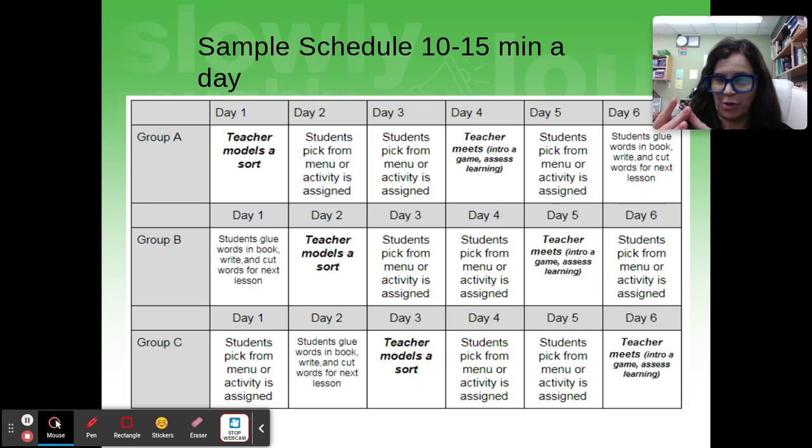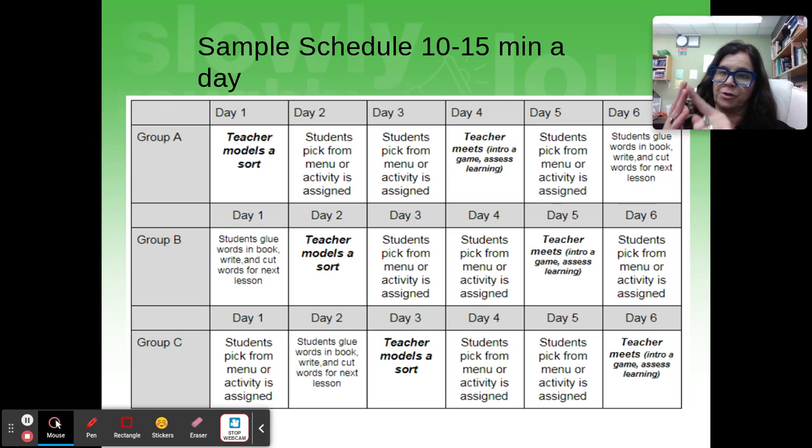Group C would be doing their written sort. Group B would be doing their manual sort, and maybe Group A is now playing a game or going out into the world to find actual words that follow the study patterns that they have. If you have a group E, then day 5 you would do that, while group D, C, B, and A were doing their sorts while you have a group in front of you.